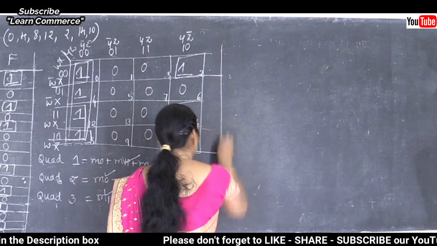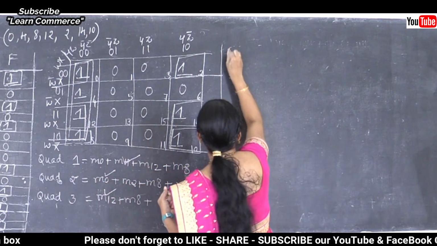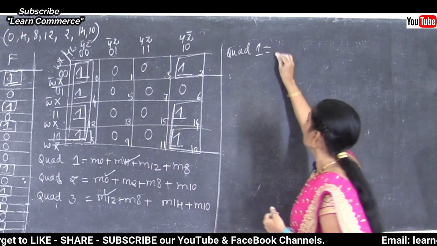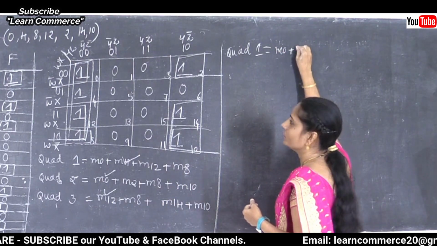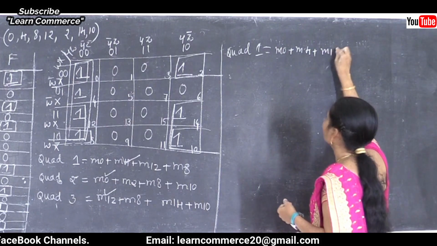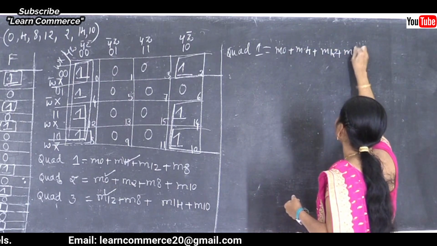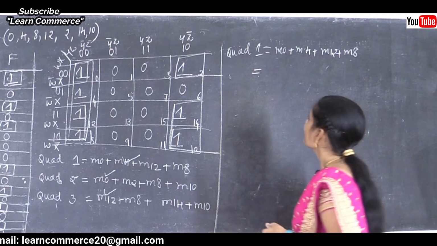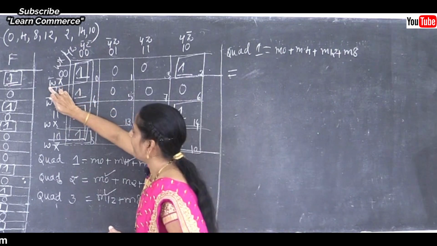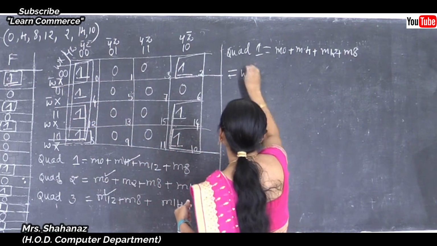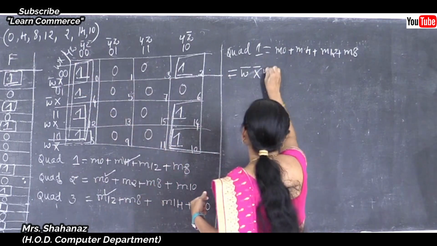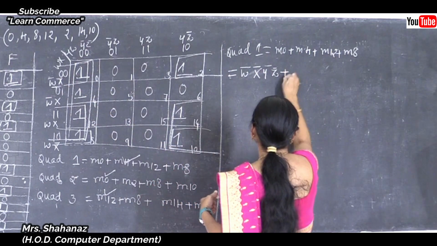Now the calculation for our quad 1. The quad 1 values 0, 4, 12, 8. So the 0 value is complement W, complement X, complement Y, complement Z. Okay.